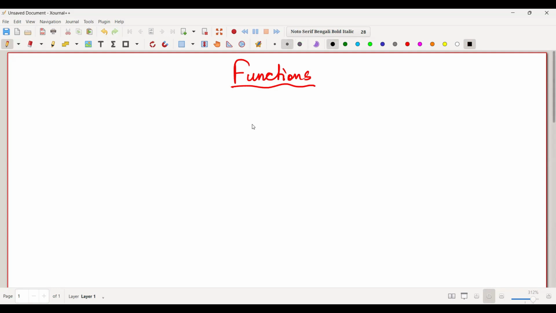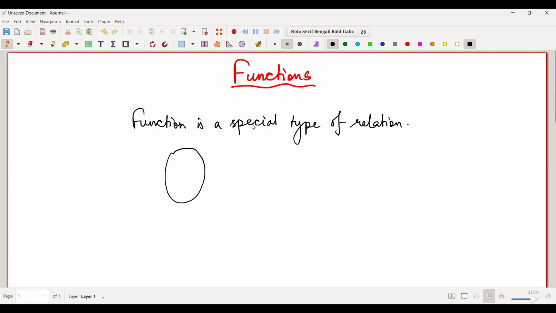So you have learned that function is a special type of relation. Special type means there were two sets, suppose A and B.